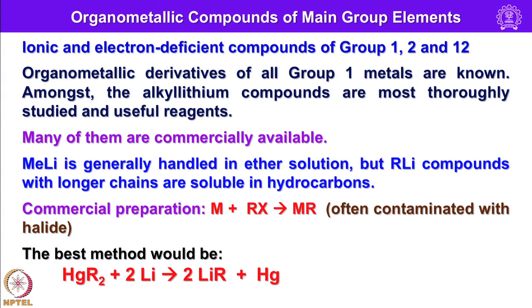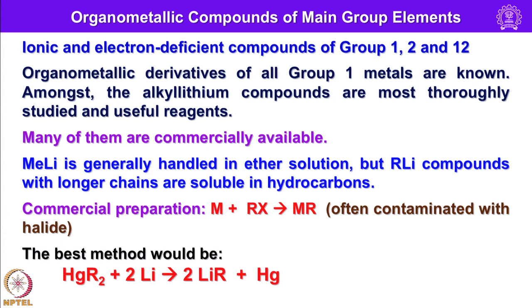Many of them are commercially available: n-butyl lithium, phenyl lithium, tert-butyl lithium, in different concentrations, mostly in hexane or pentane, 1 molar, 1.6 molar or 2.5 molar solution in 100 ml, 500 ml or 1000 ml containers. Methyl lithium is generally handled in ether solution, but Li compounds with longer chains are soluble in hydrocarbons.